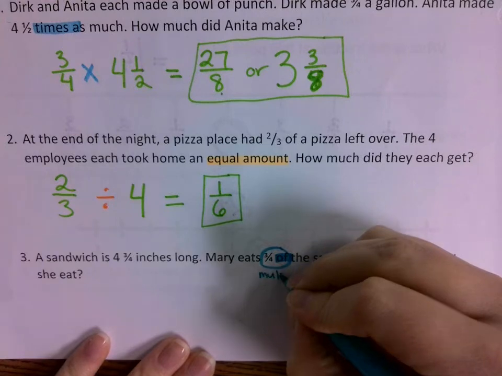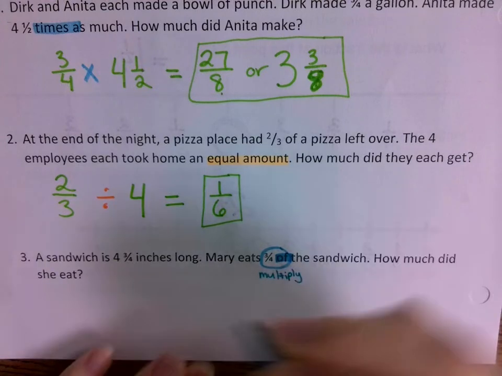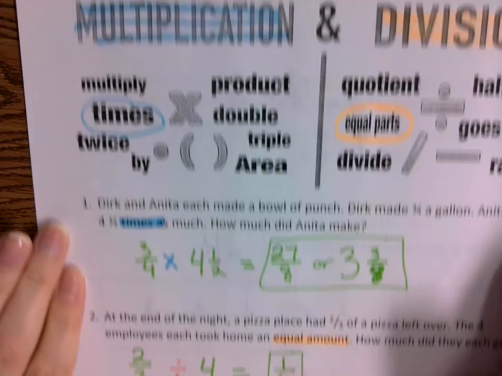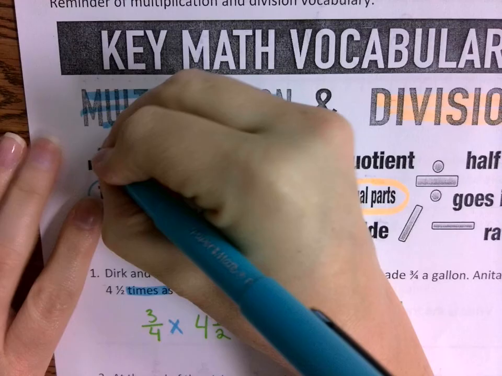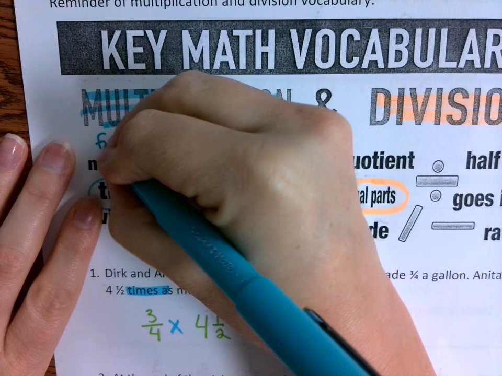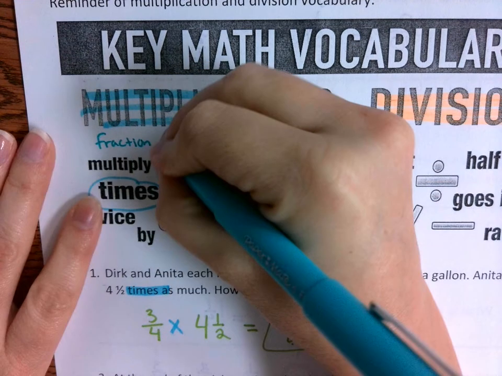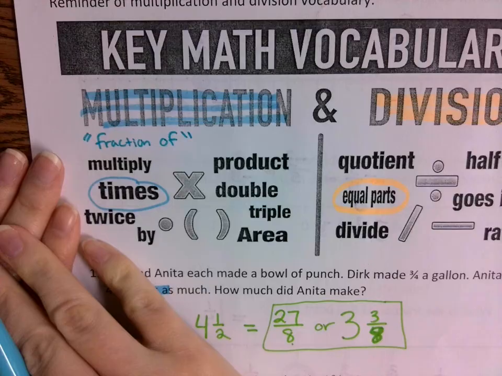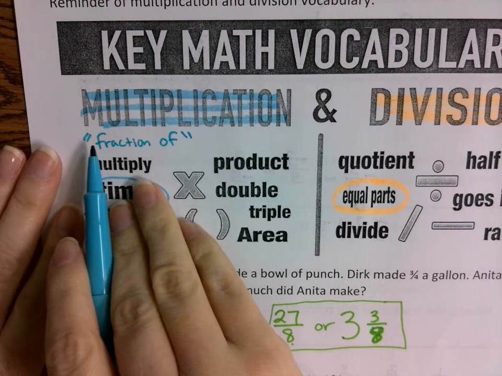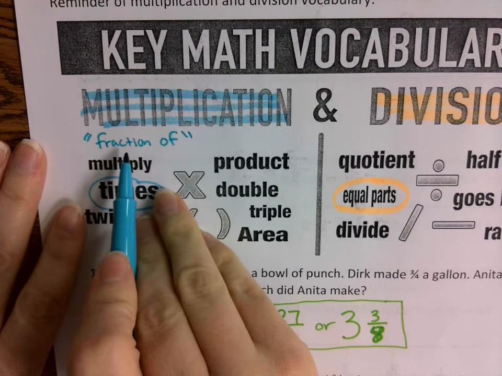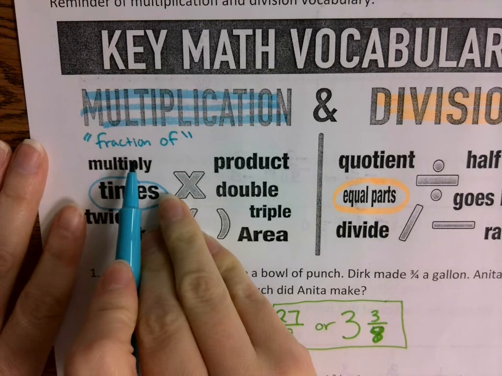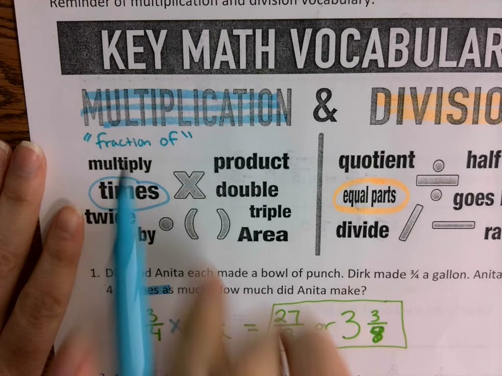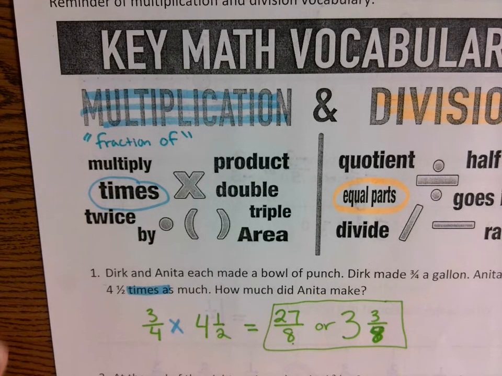So let's write that down under our multiplication portion right up here. If you've got a fraction of something, that is another term for multiplication. So write that down under multiplication in quotations, fraction of. It could be any fraction.